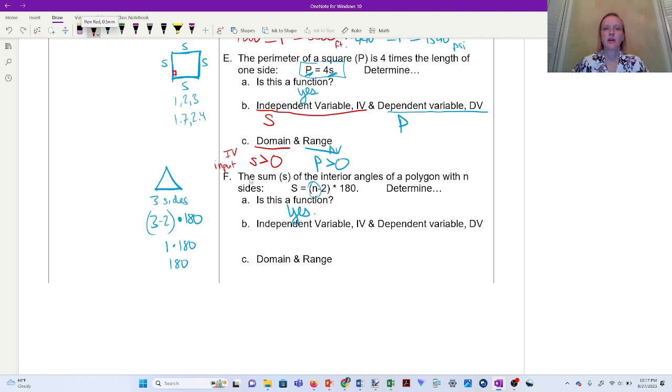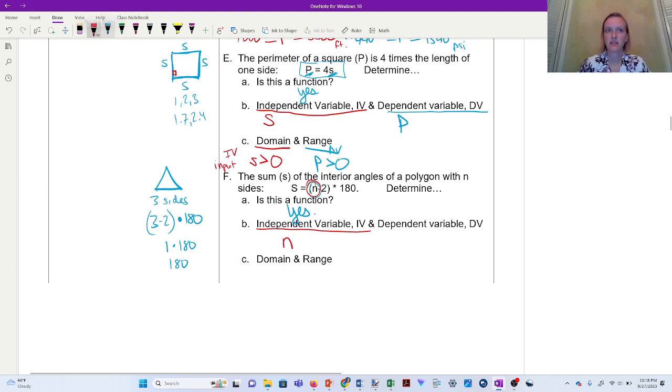So let's look at our independent variable here, what we get to choose, our input value. Our independent variable is the number of sides on the polygon, this n value here. We get to decide how many sides our polygon has.